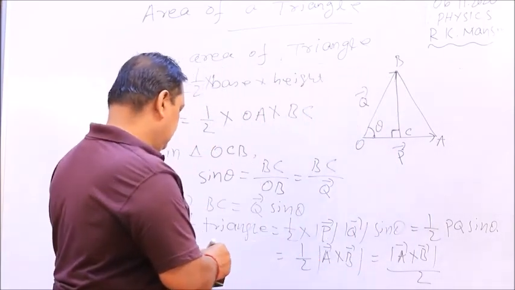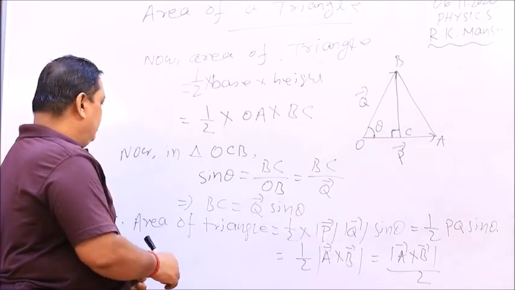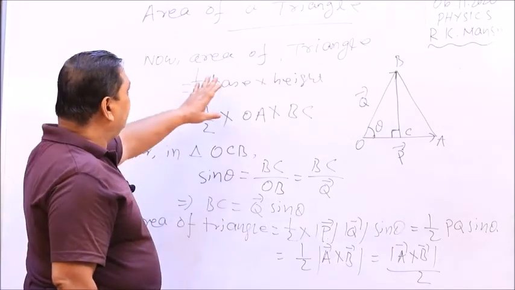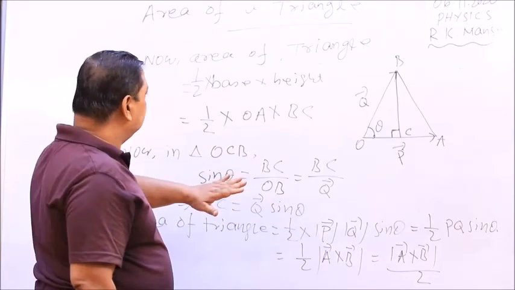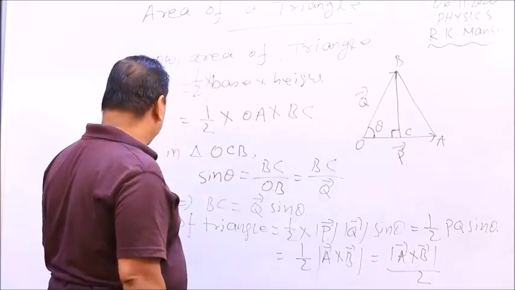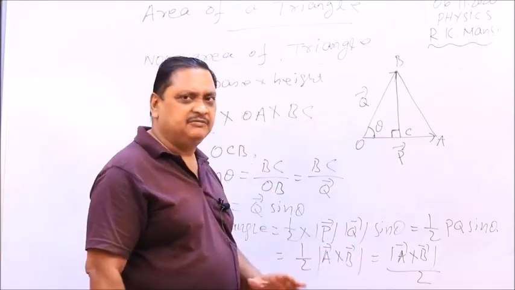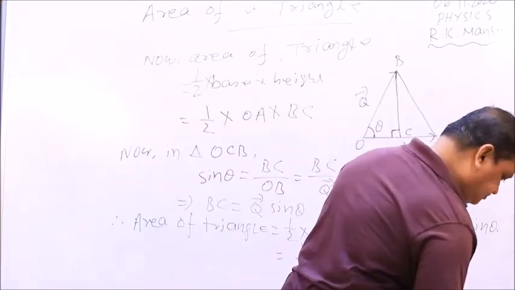This is the area of the triangle. Since a parallelogram is two similar triangles, area of parallelogram is modulus A cross B, and definitely area of triangle will be A cross B by 2.